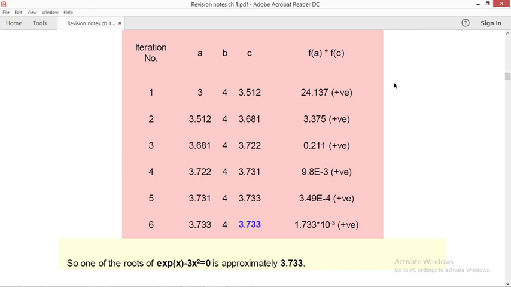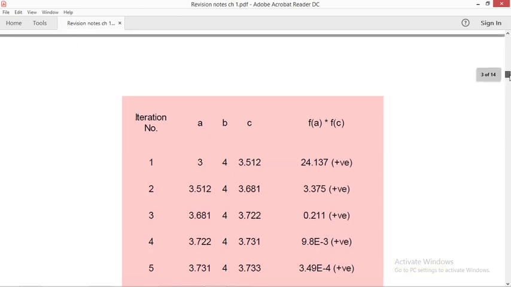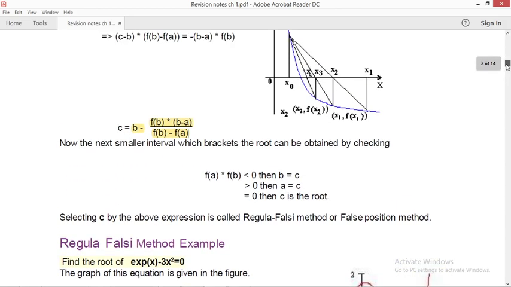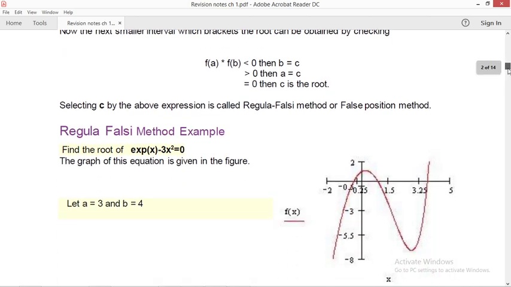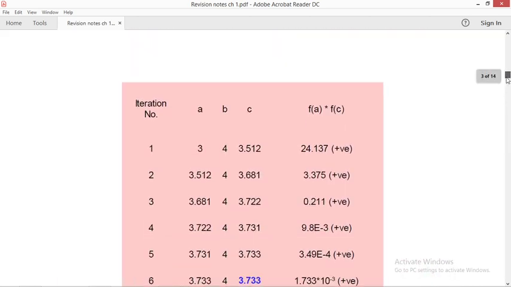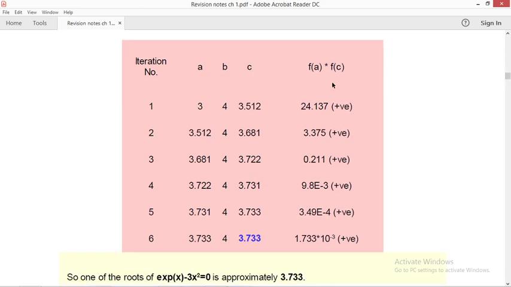Now, when we do the iteration, we take the initial values a as 3 and b as 4. We calculate c by using the formula that I highlighted before. This is the formula that we use to calculate the value of c. Now, the product of f(a) and f(c) is positive.